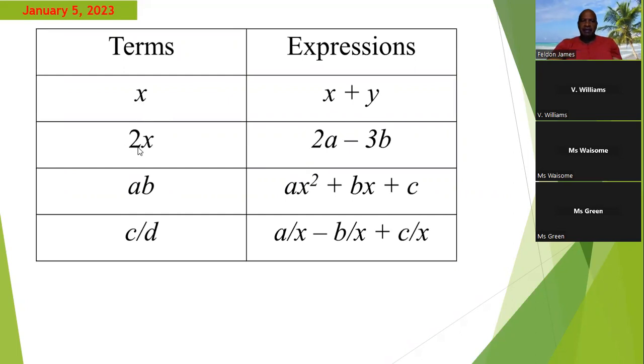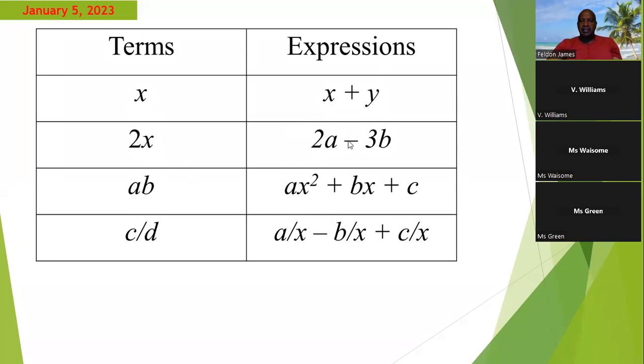You can have a number times a letter. You can have a letter times another letter. You can have a letter divided by a letter. You can also have a letter divided by numbers and so on. But the key element for term is that you can find the products of letters and numbers, and you can find the quotient. So these by themselves are referred to as terms.